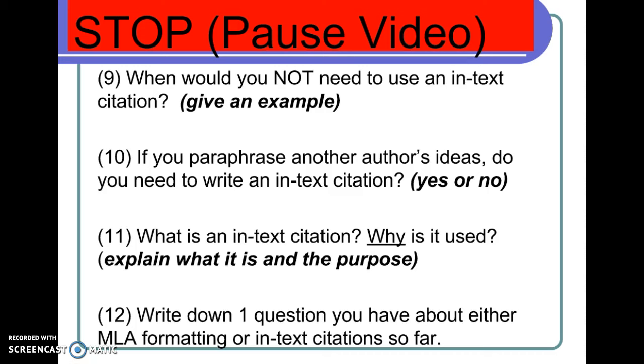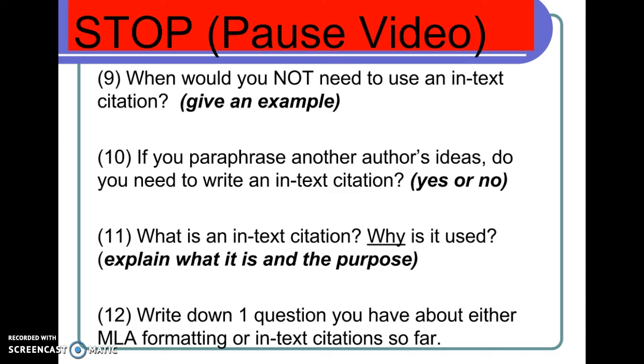All right, questions. These are your last few questions. When would you not need to use an in-text citation? This is number 9. Give an example of when you would not need to use an in-text citation. Number 10, if you paraphrase another author's ideas, do you need to write an in-text citation? This is just a yes or no answer.